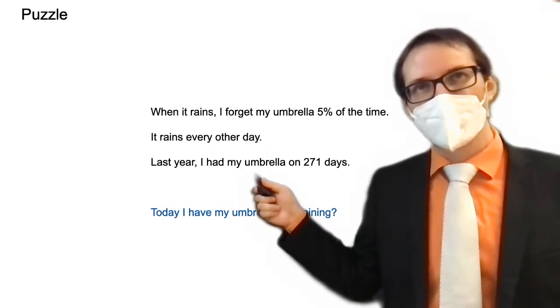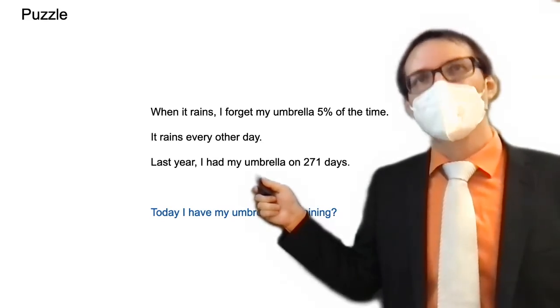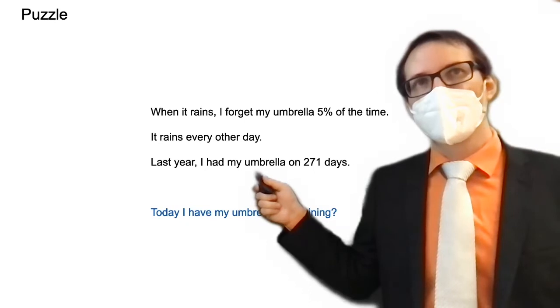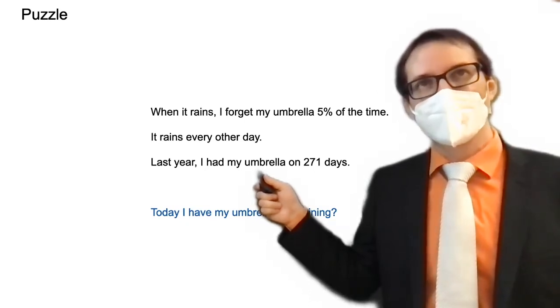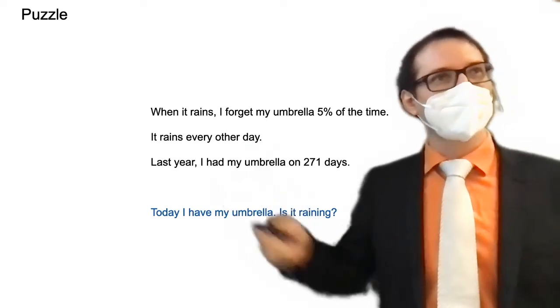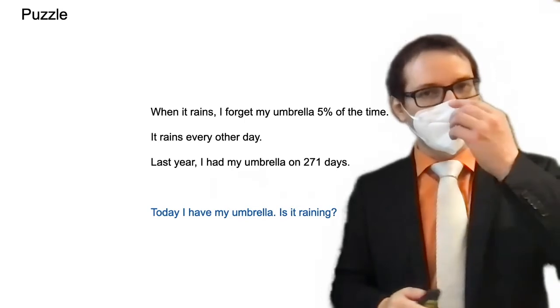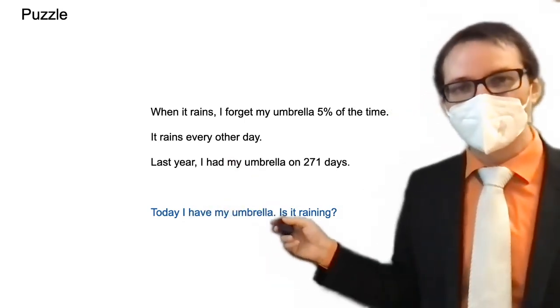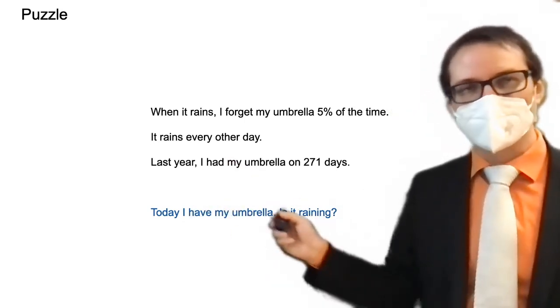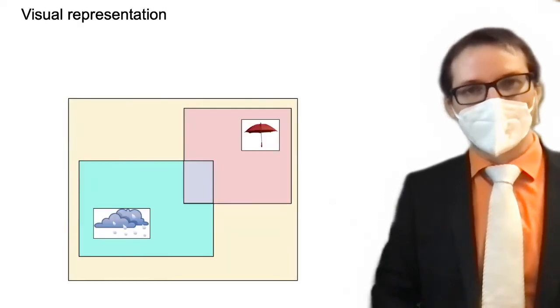Well, we do the mathematics, right? We take the P of R and U and divide it by P of U. Exactly. Yeah, we divide. Yeah, that's it. We did it. You see, it's just really multiplying, dividing. So we do the math, and then we have the conditional probability that it's raining given that I have my umbrella.